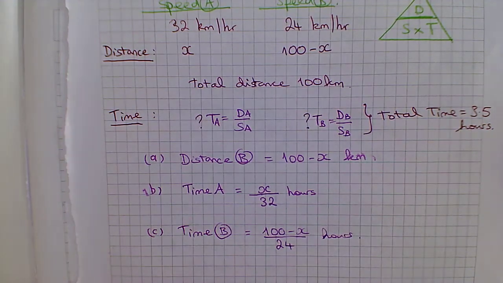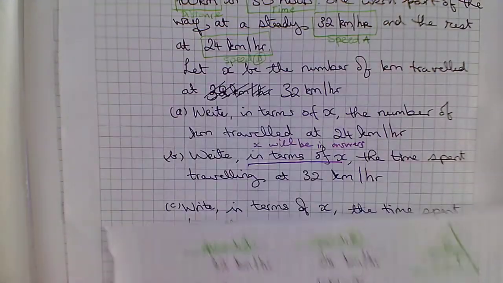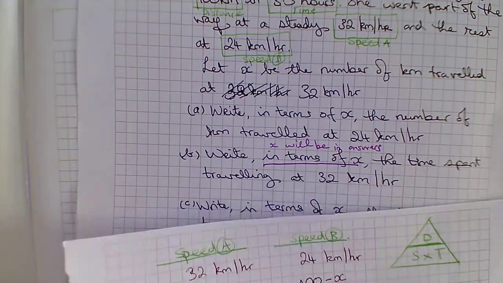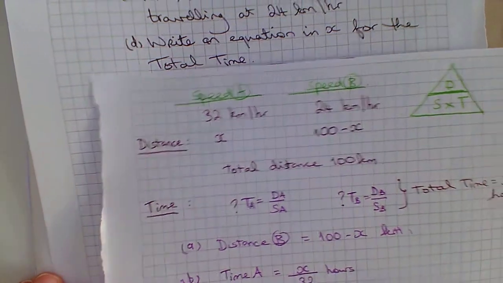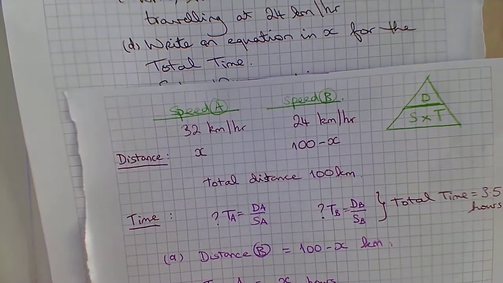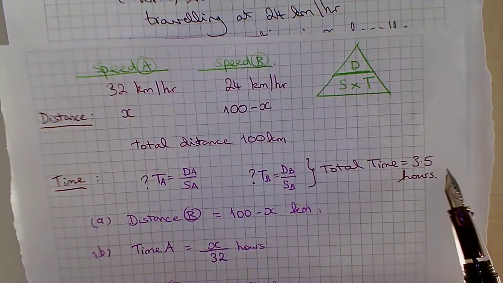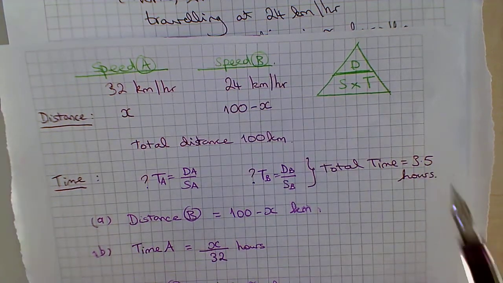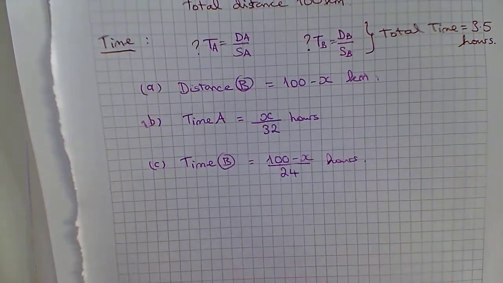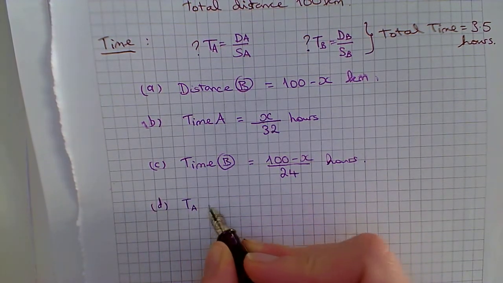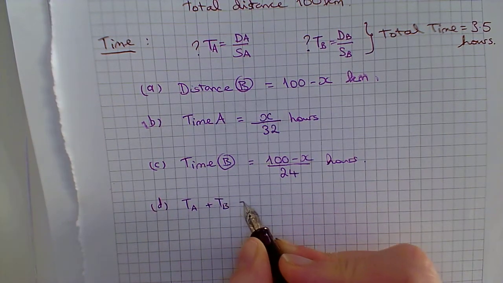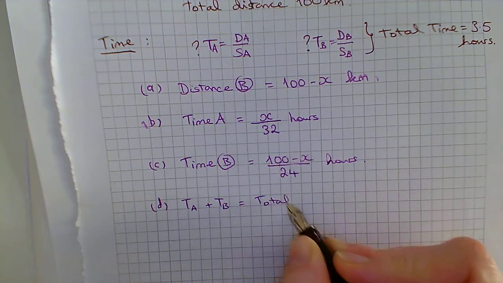Okay, so hopefully you're following along with this. It is quite complicated. Part D is when it starts to get a bit tricky. Part D says, write an equation in x for the total time. Well, we've helped ourselves by being organised here. The total time is 3.5 hours. So what I know is that time A plus time B will give me the total time.